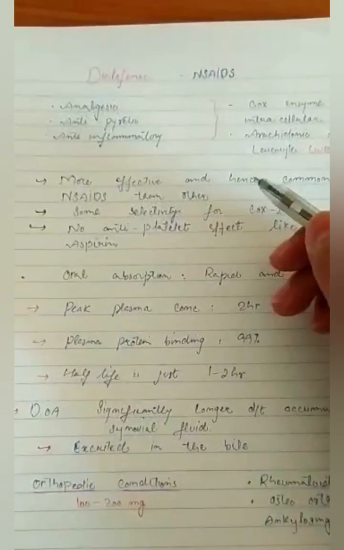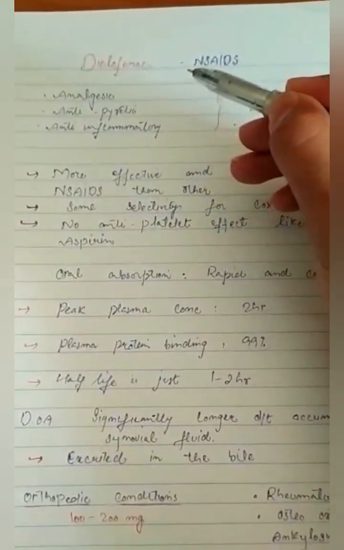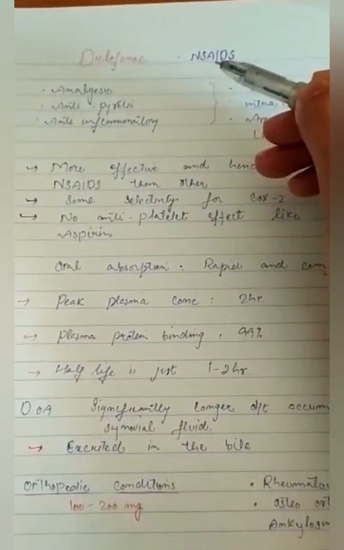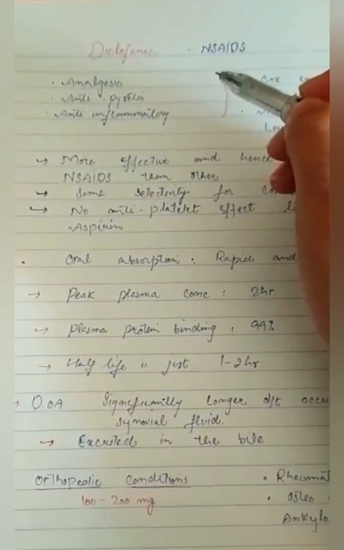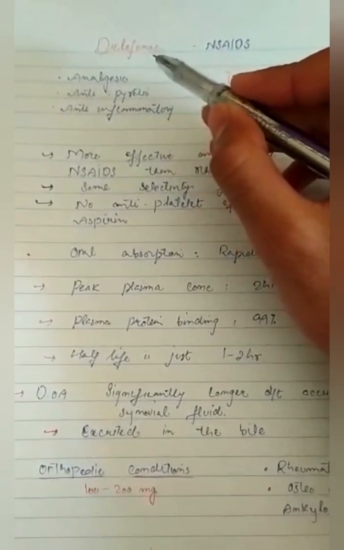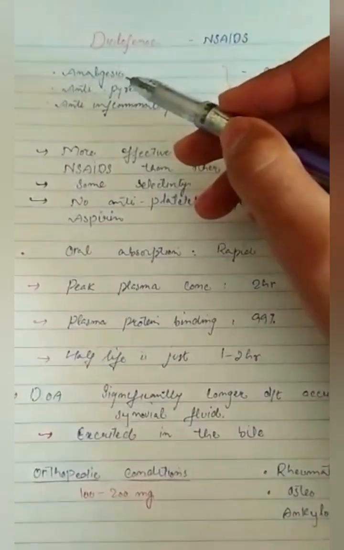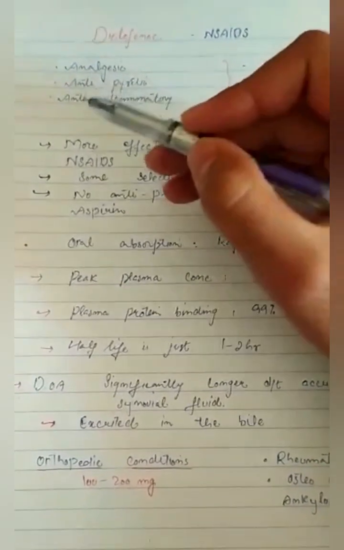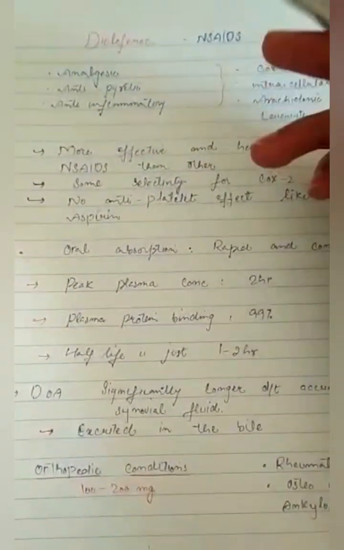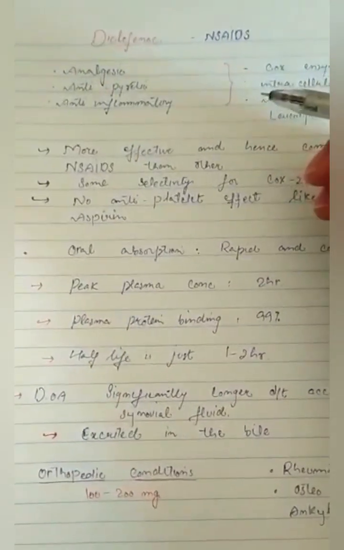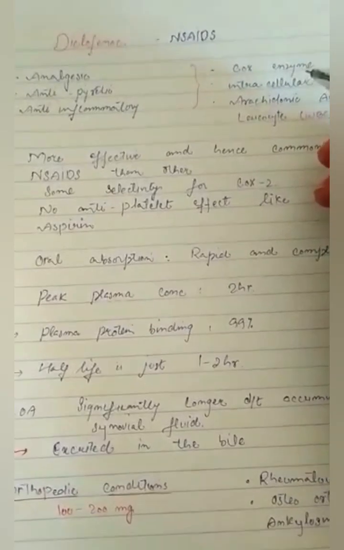Thanks. Today my topic is about diclofenac, the most commonly used non-steroidal anti-inflammatory drug. First of all, we will see various actions of diclofenac. It is used as an analgesic, antipyretic, and anti-inflammatory. It is because of its inhibition of the cyclooxygenase enzyme.